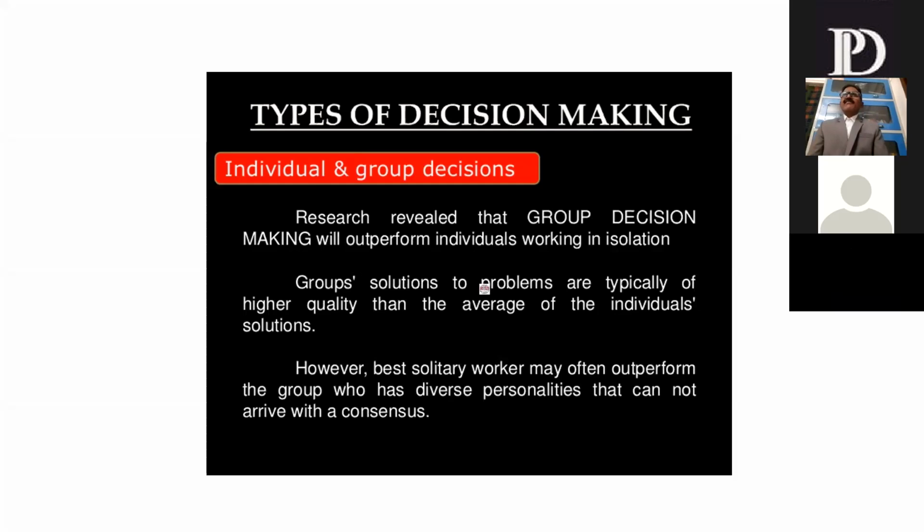Because every individual is an individual only, one only. So it is not perfect. So individual decisions we may recognize, but those individual decisions must be shared among others, and that goes to group decision making.